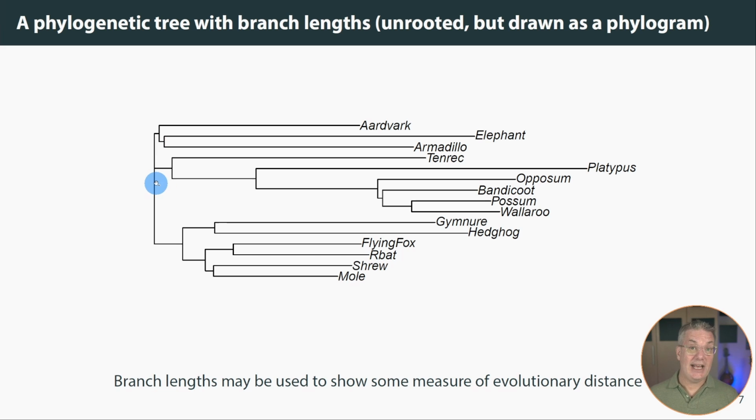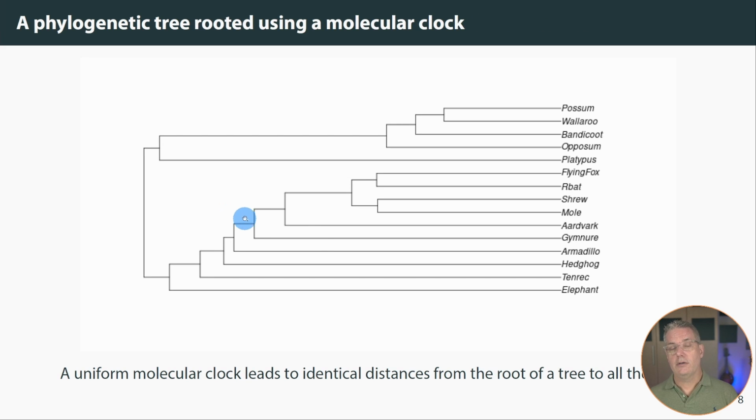We can take the same data, the same sequence alignment, and draw a rooted tree using one of the rooting methods. In this case, it's rooted using something called a molecular clock. You might notice immediately that this tree is bifurcating. Every branch goes to two branches.